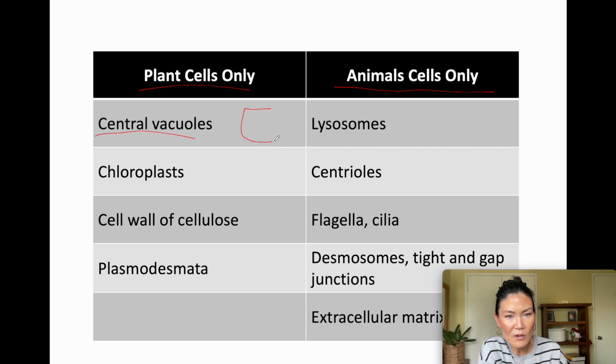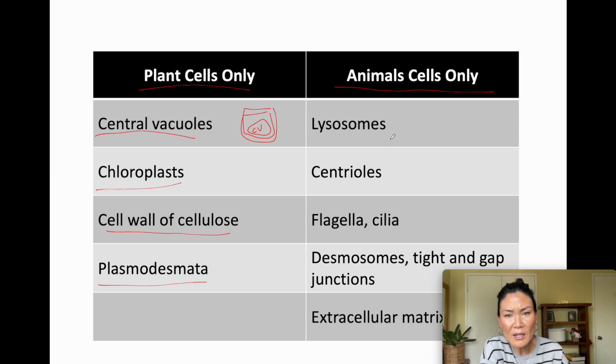If I draw a plant cell, there's the cell wall, and then there's a cell membrane. Cell membrane is on the inside, cell wall is on the outside. The largest organelle in a plant cell is the central vacuole that stores water. Chloroplasts are also in plant cells, not in animal cells. They have the cell wall, and they have plasmodesmata, which are a lot like gap junctions, okay?